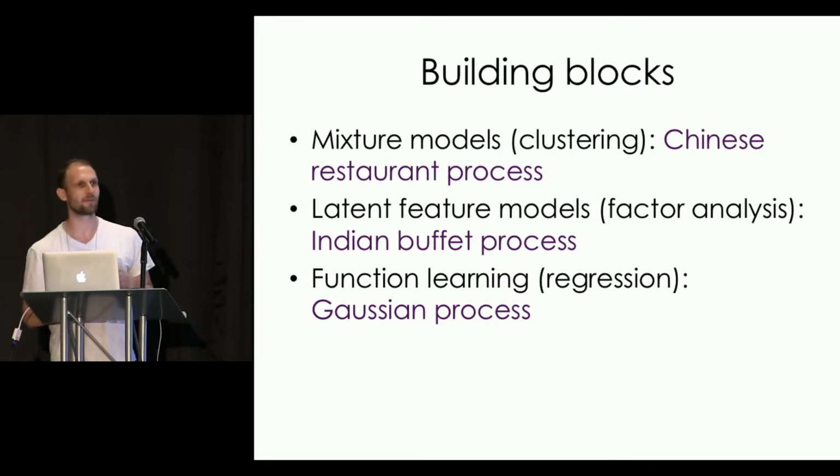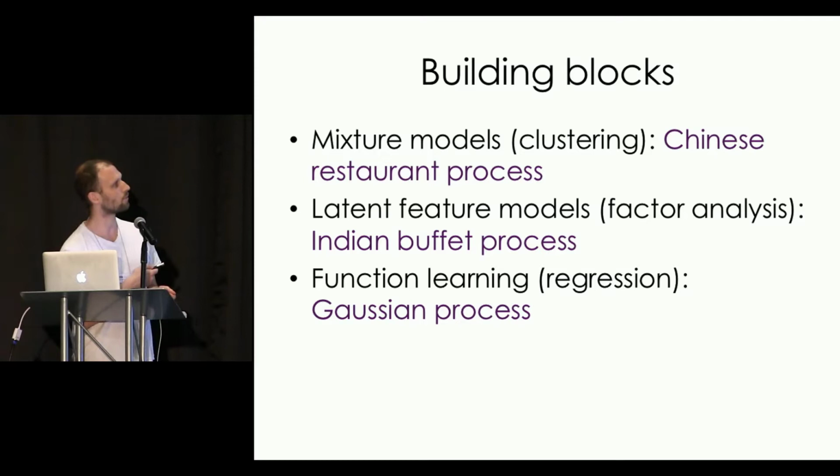So the building blocks of this tutorial that I'm going to talk about fall into three classes. One are mixture models, where we're going to apply those to clustering. And there we're going to use a non-parametric Bayesian model called the Chinese restaurant process. And I'll explain why it has that weird culinary metaphor.